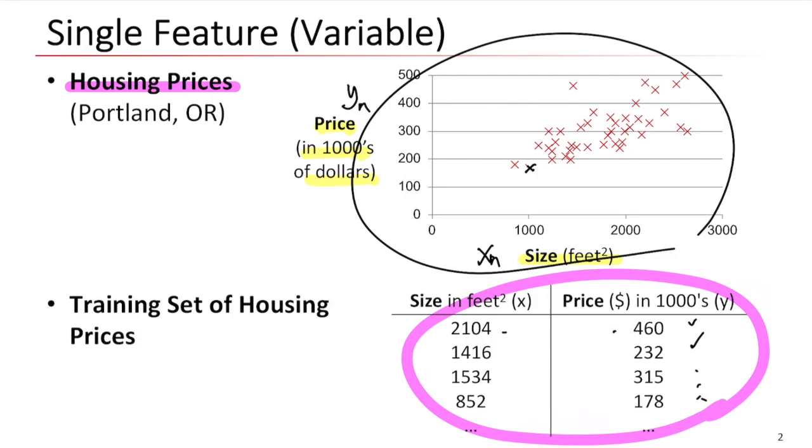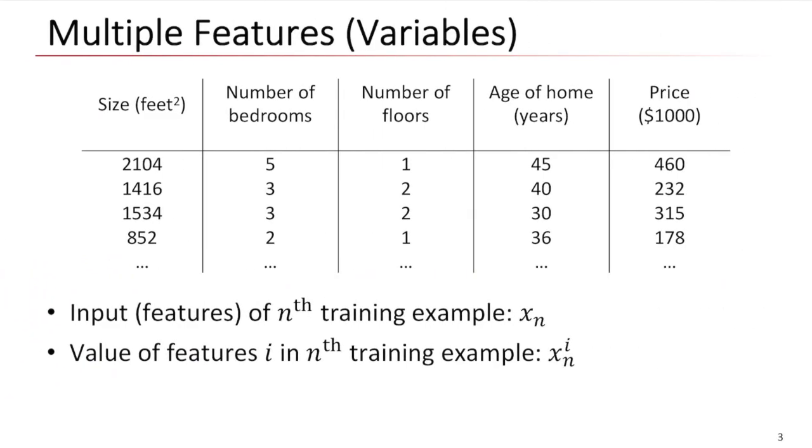But as you can see here, we are just considering the size of the house. It means this is a single feature or single variable to predict the price of the house, right? What we want to do now is deal with more parameters, more features, or more variables.